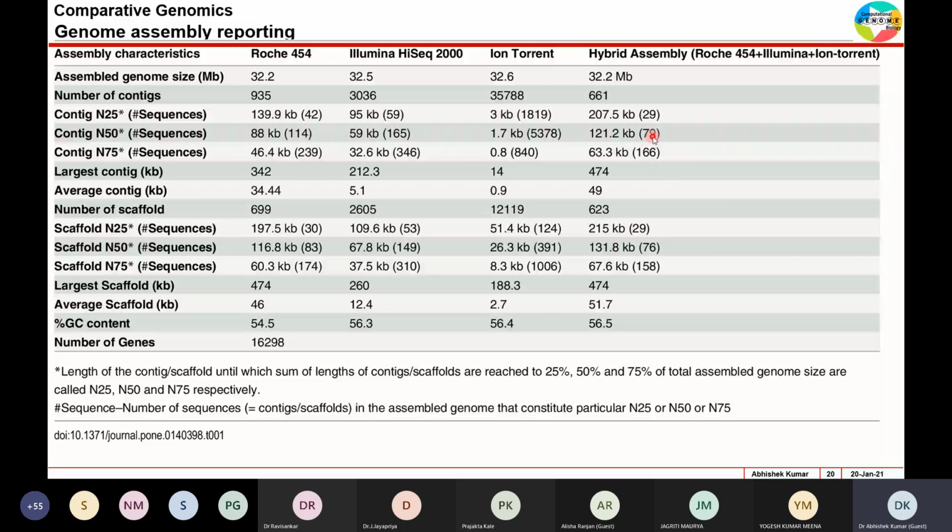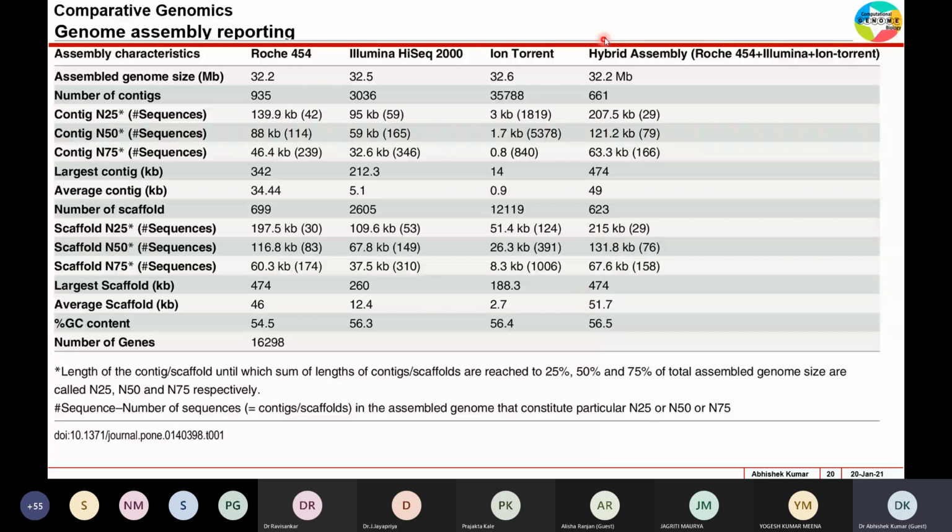So this is the highest we could achieve. And then obviously we have made different ones, and the final one we have taken into consideration. If you look at the N50 for scaffolds, again this is 116, 67, and this one is again better. So ultimately, which one will we choose? We'll choose this one, or the one prior to this.